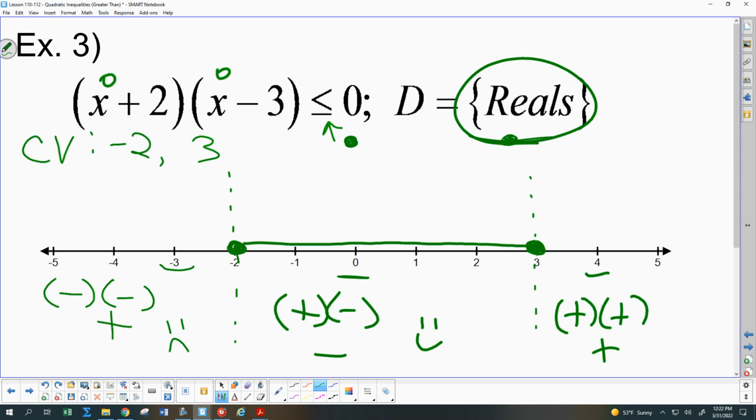When we multiply, do we like positives? Are positives less than or equal to 0? So they don't make us happy. They don't work here. We do not shade that part. So just that middle part. And again, that's the only difference between 110 and 112. The first one you're checking to see, do you get a positive to make it true? The second one, do you get a negative to make it true?